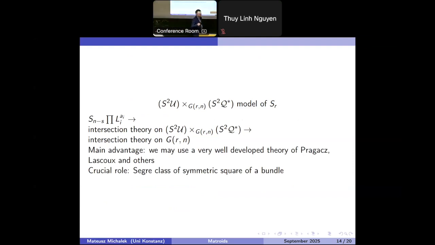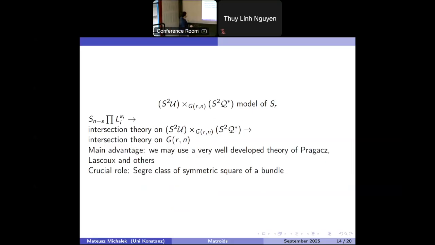Yes. Going to the Grassmannian, is it some sort of Thom isomorphism type thing? Reducing the intersection theory on this bundle to some base, like some sort of. So what happens? I will say it.